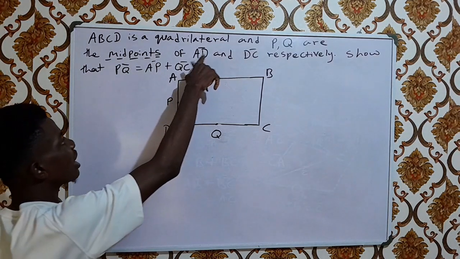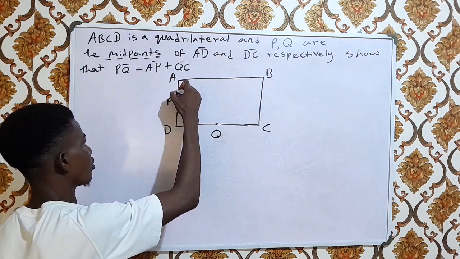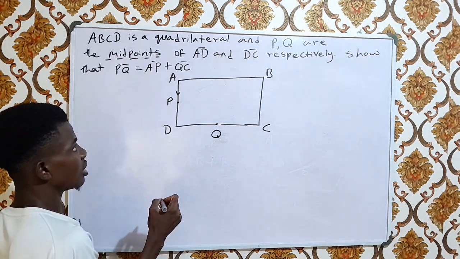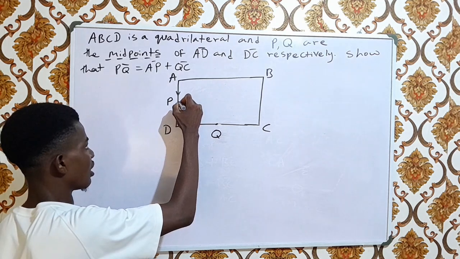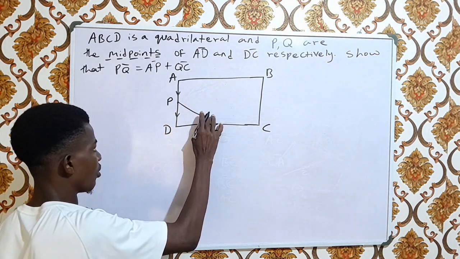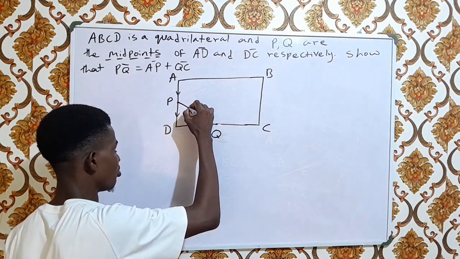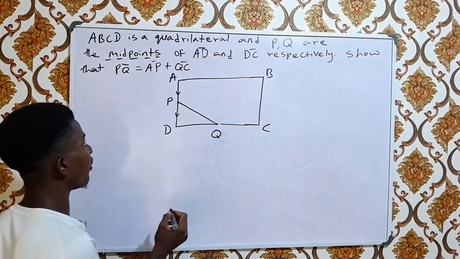Now, remember they said AD. It means that A is going to D, which means they are still going like this. There is no other law. We can join P and Q together.